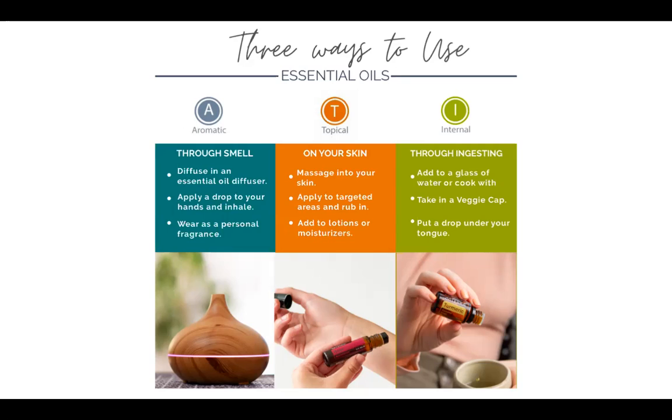So you can really change an entire household by just diffusing. Not only can you kill the cold and flu virus by diffusing certain oils, but you can also turn that frown upside down, make a play date more pleasant or calm, and help kiddos get settled and ready for bed.